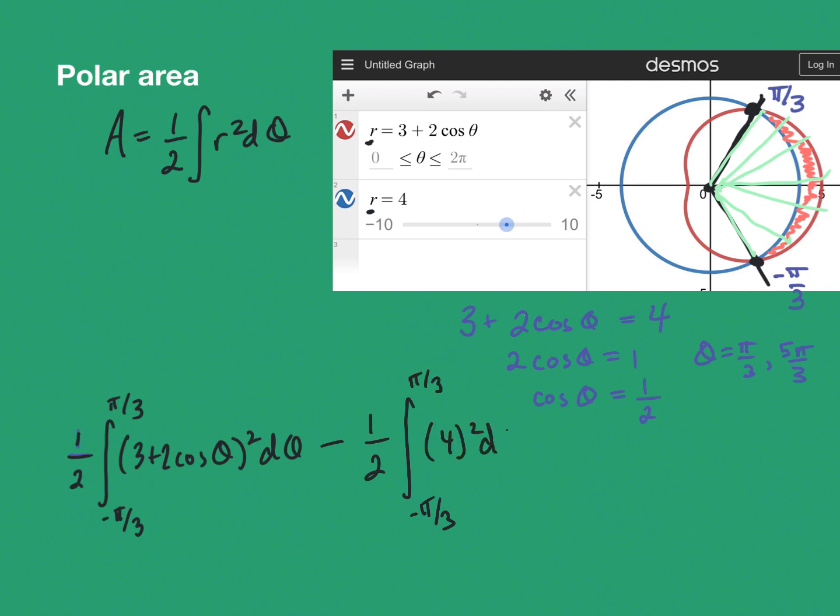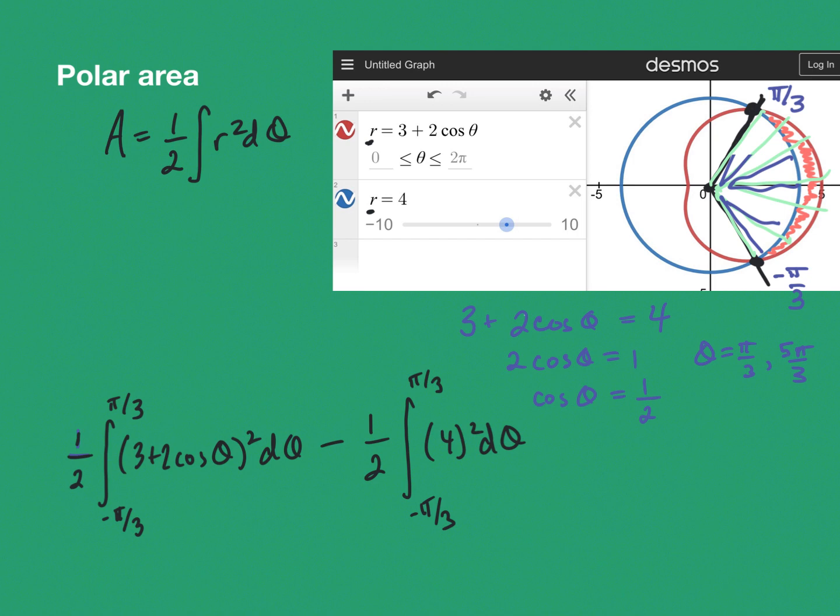It's always 1/2 the integral of r squared. And then again, what that just did was this right here. And that would find us that area. Now, I would rely on my calculator to figure this out, and at the end of this video, I will make a quick example of how to use the calculator.